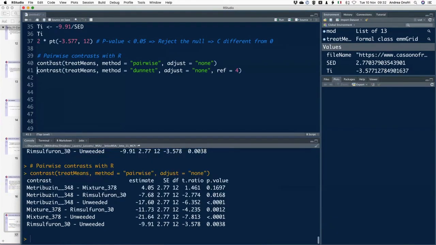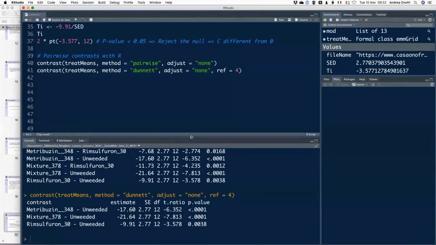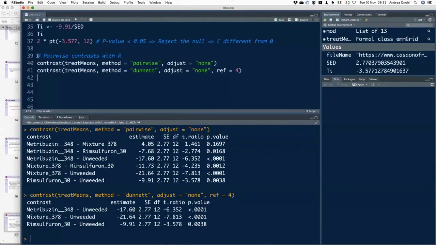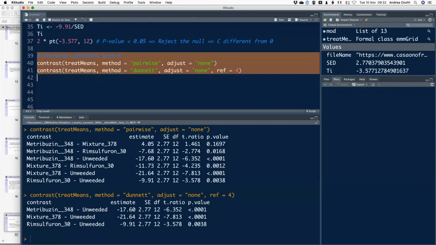So again, writing down these two types of contrasts before we go ahead, and I'll pass you the code for both types of contrasts. In the first case, it's a pairwise set of contrasts, and so we have 6 contrasts.